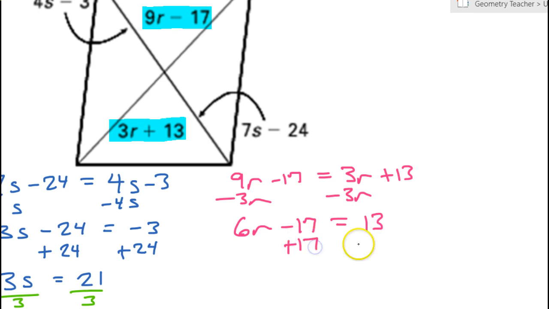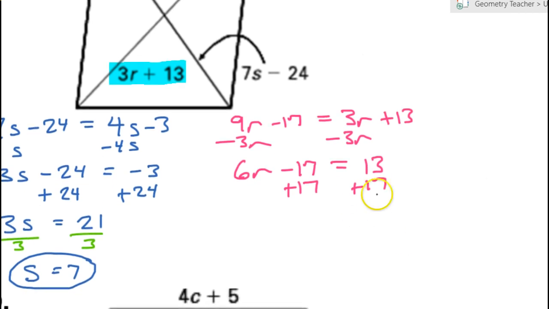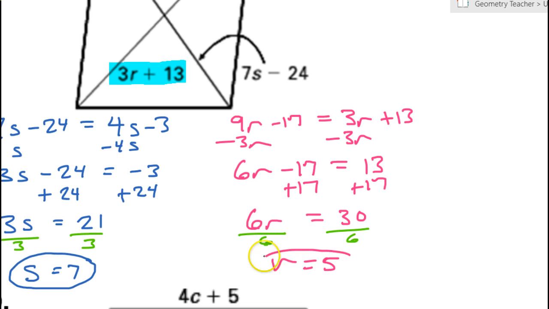Add 17 to both sides. So that's going to be 30. So now I have 6r is equal to 30. If I then divide both sides by 6, I end up with r is equal to 5.